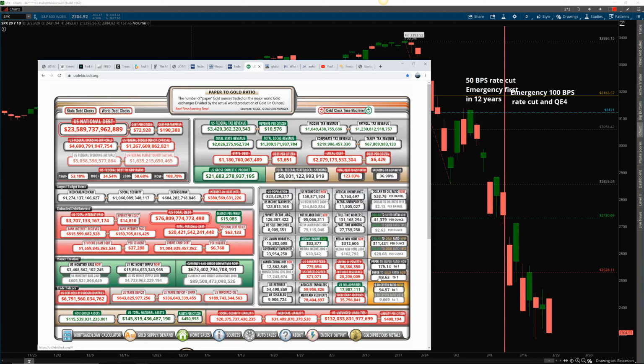So this would be like an ETF like GLD. They're digital representations of the value of gold, but they don't actually trade on a one-to-one basis. So if you own 1 ounce of gold in an ETF, 88 other people own that same ounce. For silver, it's 175 to 1.